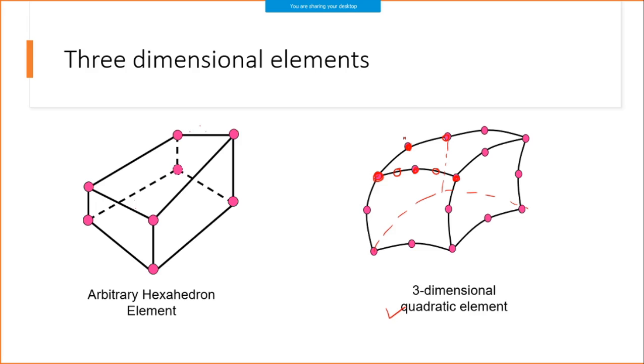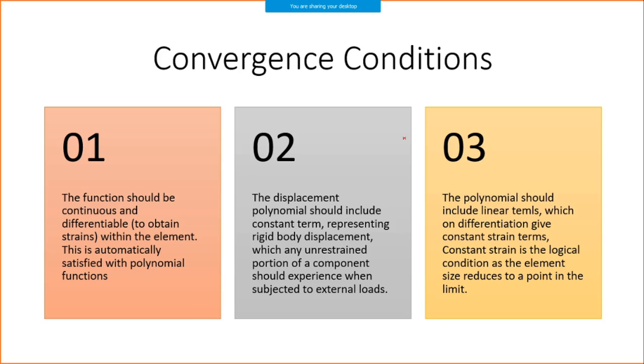When we are doing an entire analysis, there will be certain convergence conditions. Convergence means there is a real life situation, and you have done some approximate analysis. If I take the difference of these two, the difference should be minimum or equal to 0.